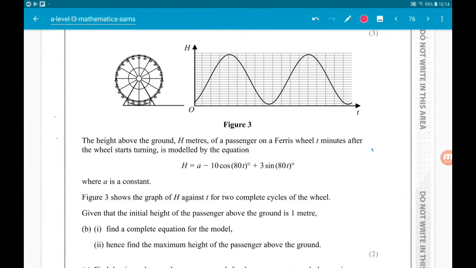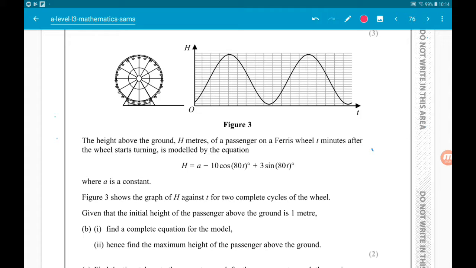Okay, next up, the height above the ground, in meters, of a passenger on a Ferris wheel t minutes after the wheel starts turning, is modelled by the equation h is equal to a, that's not alpha, so a minus 10 cos of 80t add 3 sine of 80t, where a is a constant.